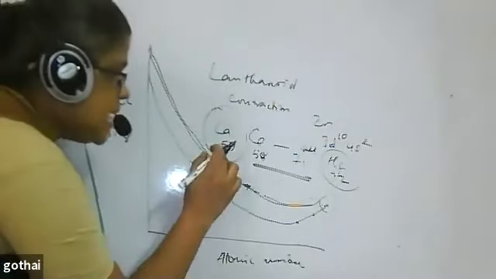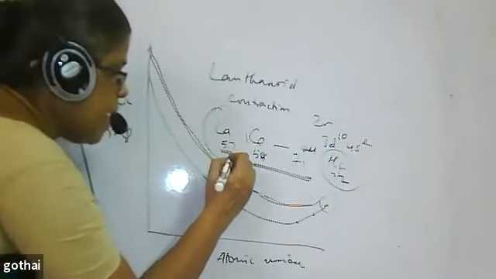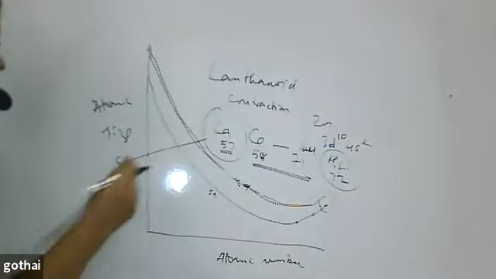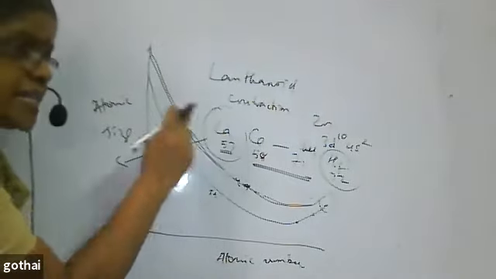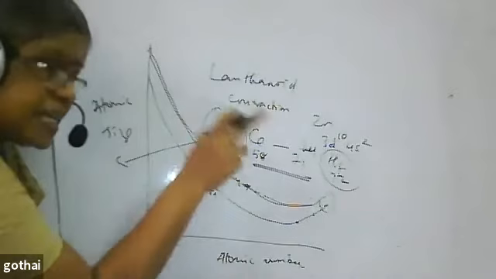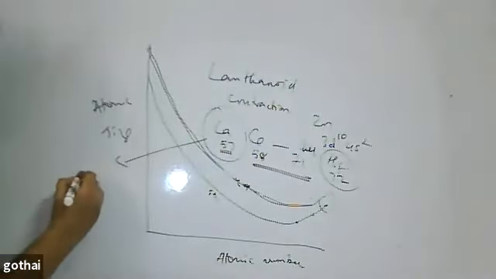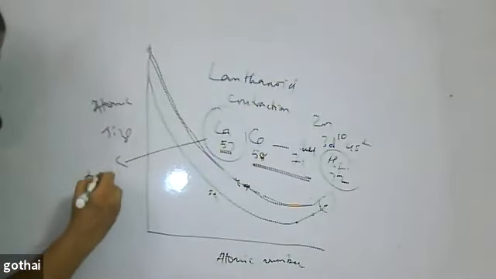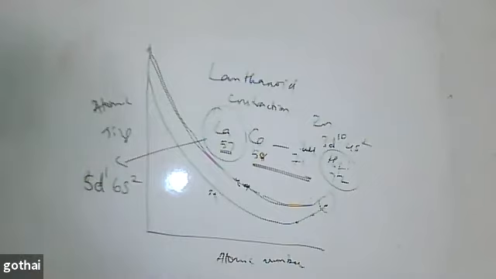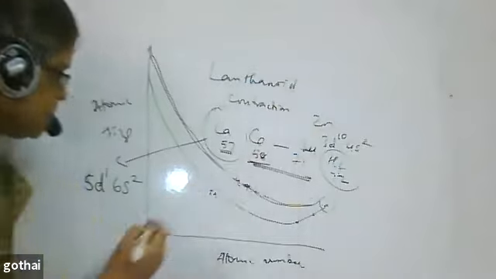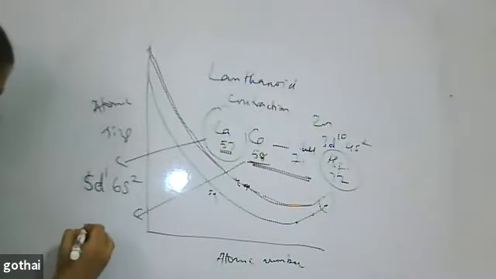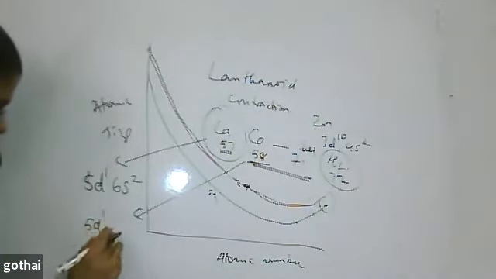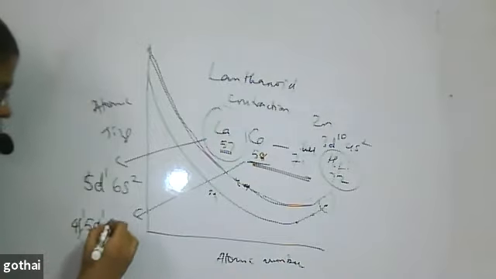Here, the outer electronic configuration of lanthanum will be 5d1 6s2. When you come to cerium, the electronic configuration will be 4f1 5d1 6s2.